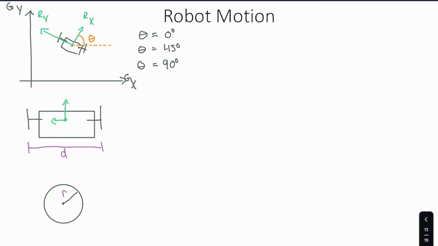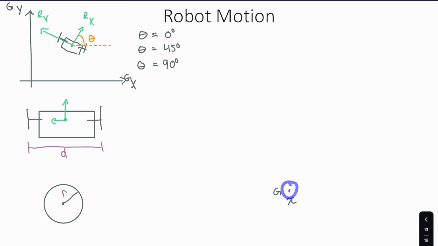What we want to have equations for eventually is the change in the global coordinate frame's x value. And I'll put a dot there to denote it's the derivative. That's just shorthand notation for saying d/dt of x.